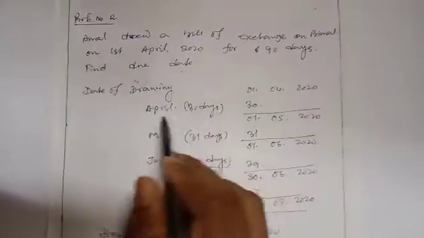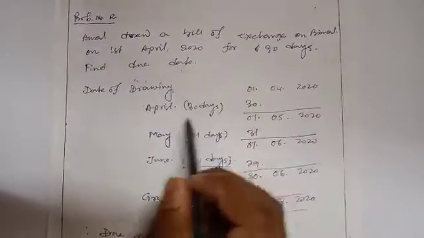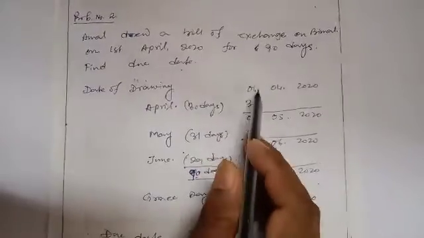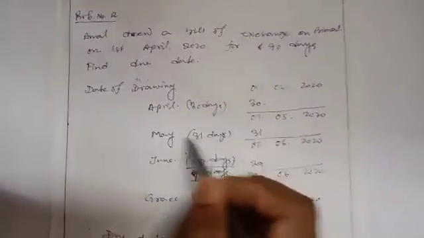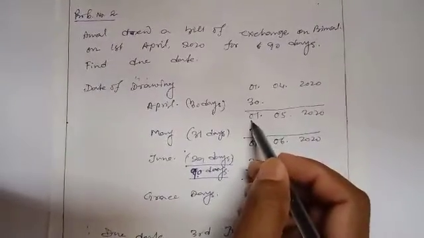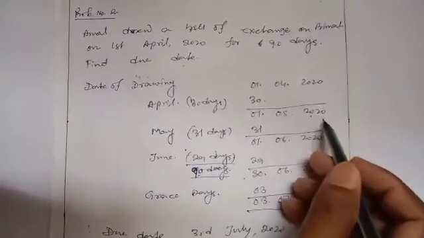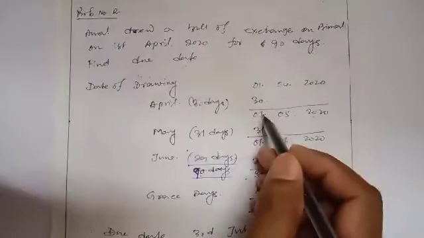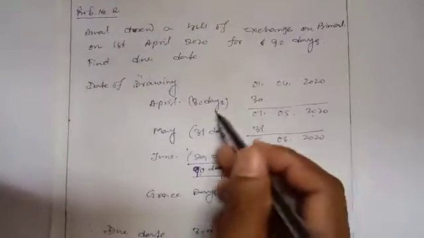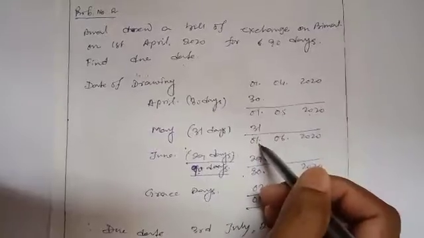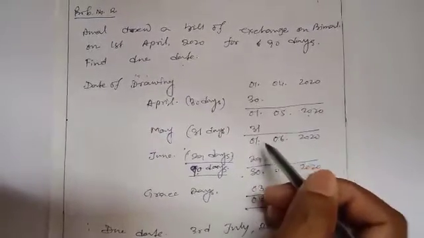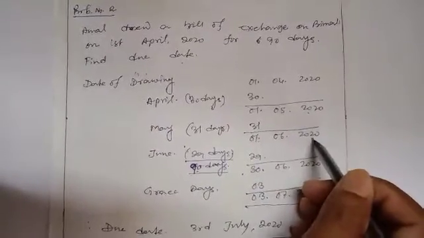Now in April, how many days? 30 days. If you give 30 days in April, the date will be 1st May 2020. In May there are 31 days, so if you give 31 days, it will be 1st July 2020.